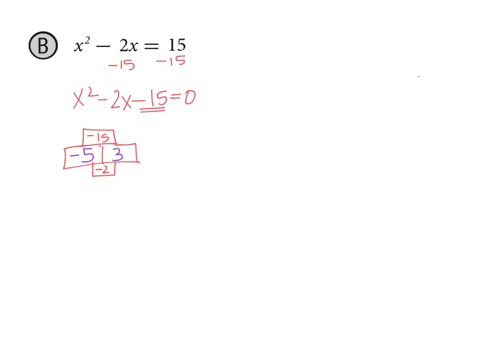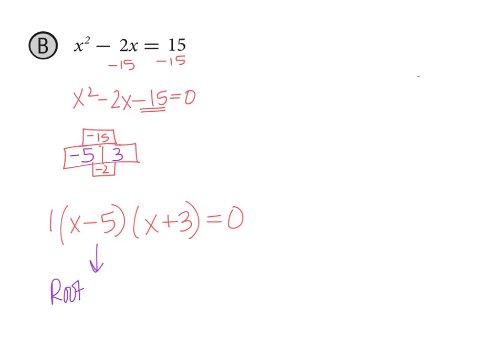So when I go to write my factors, I don't have a new slope, so my slope's just 1. My factors are going to be x minus 5, x plus 3, and then I can go ahead and find my roots. So I have 2 roots here. I have a root at 5, 0, and another root at -3, 0.